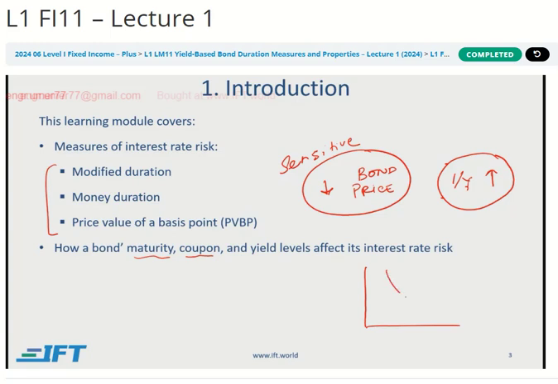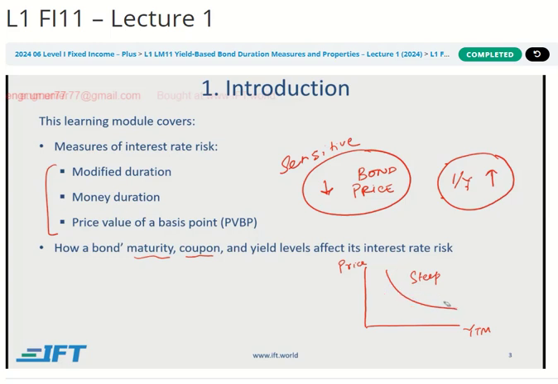So this is the chart that we saw for a bond's price and changes in yield to maturity, and we saw that there is a convex relationship over here with a much steeper slope over there and a much lesser steep slope over here. So why is this different?